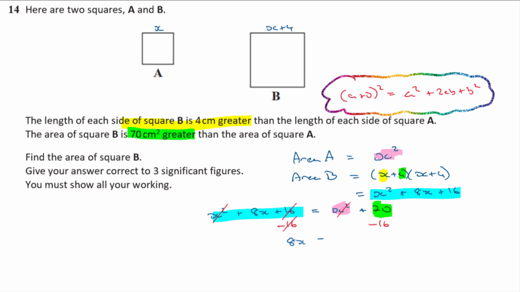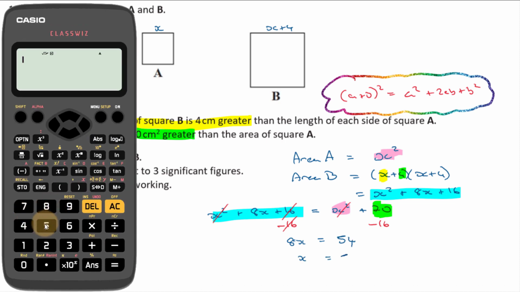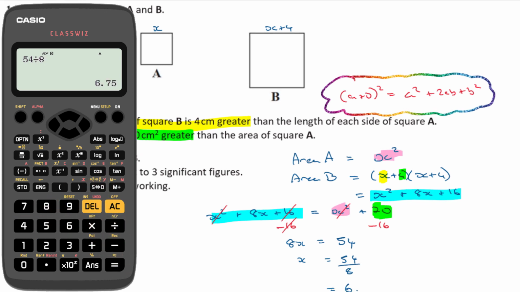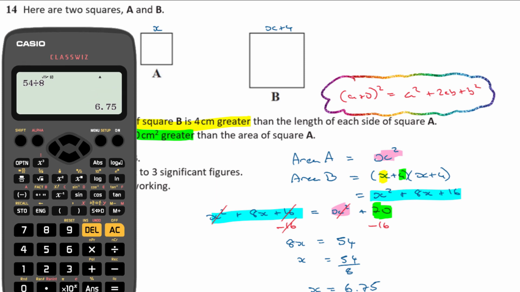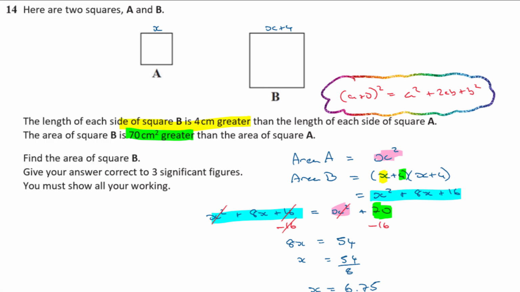And on the other side, I'm going to get 70 take away 16, that is 54. And then x is 54 divided by 8, that is 6.75. Okay, so we're not quite done, are we? If x is 6.75, remember we wanted to find the area of square B.